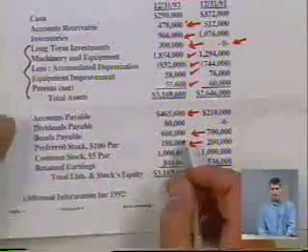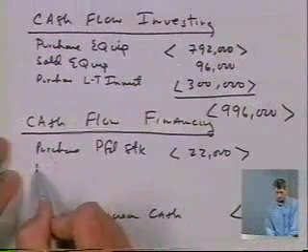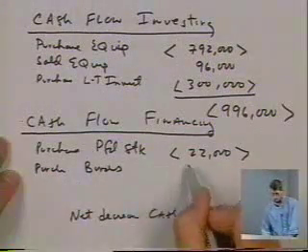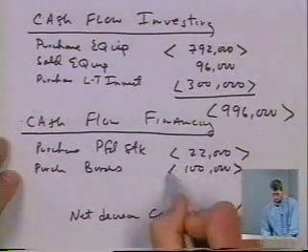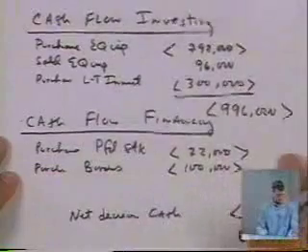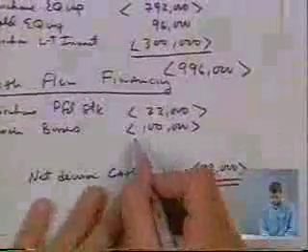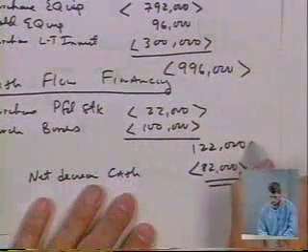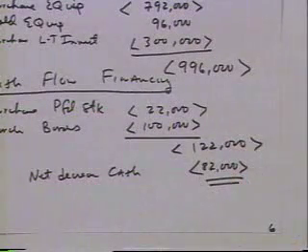They purchased their bonds back to the tune of 100,000, the difference there. So if we add that up, the total here is 122. That's a net decrease.